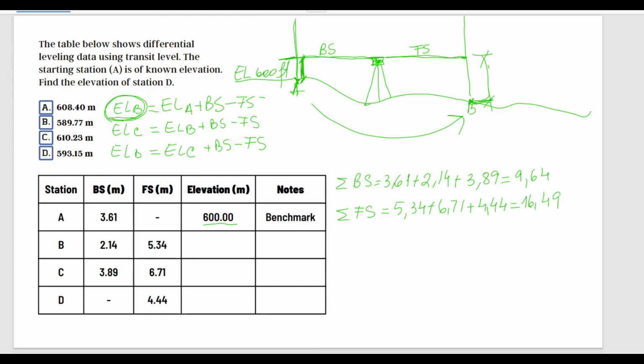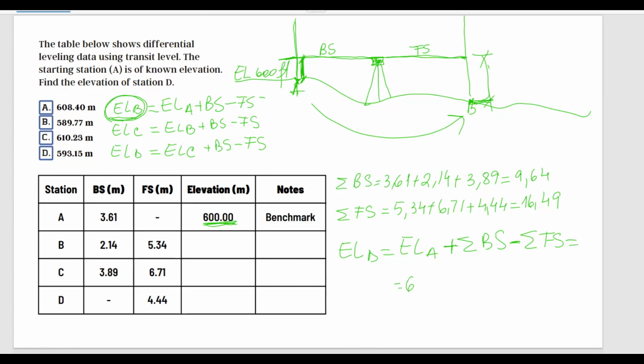1649. Okay. And now if we start with the known elevation, or let's say the elevation at station D is equal to, we're going to start with this known elevation, elevation at station A, plus the sum of backsight distances minus the sum of foresight distances equals.